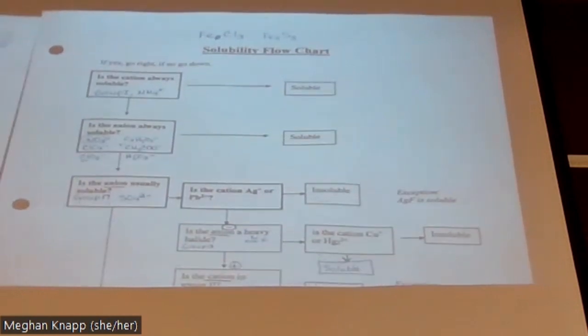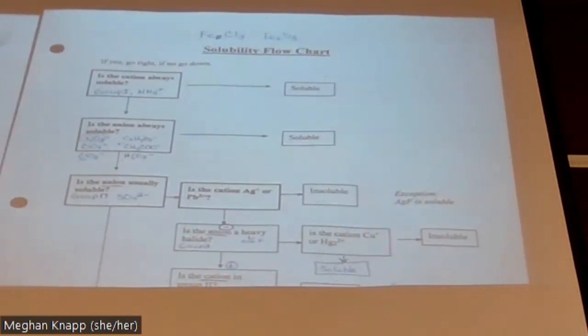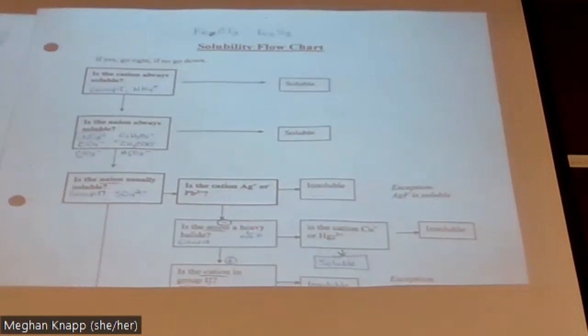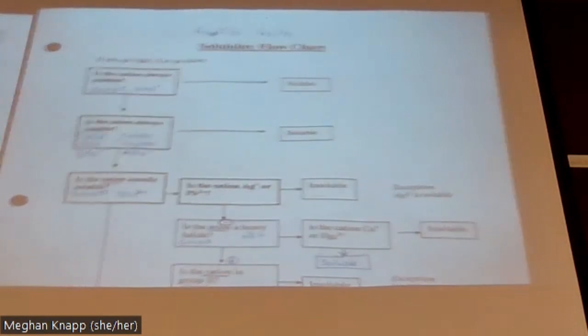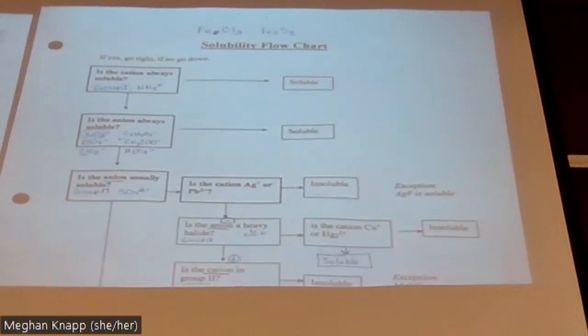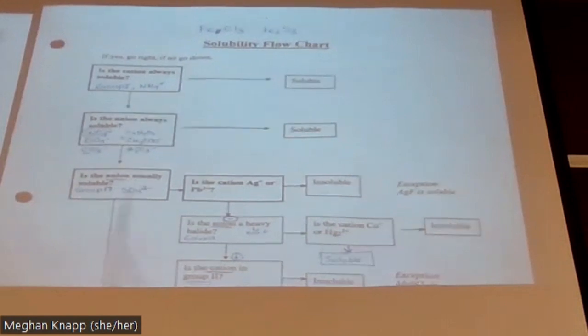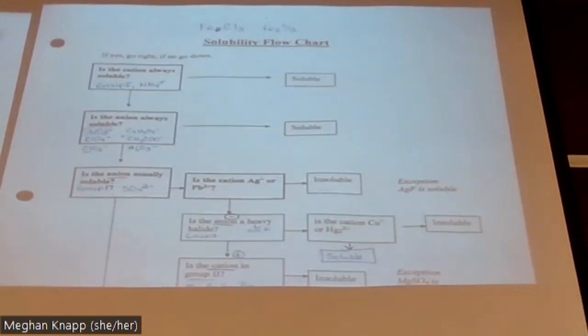I try to leave things on the extreme ends, where if you see silver and lead, it's probably going to be insoluble. If you see nitrates and chlorides and things like that, it's probably going to be soluble. So I try not to use all of these if-then things that fall into these categories down here.